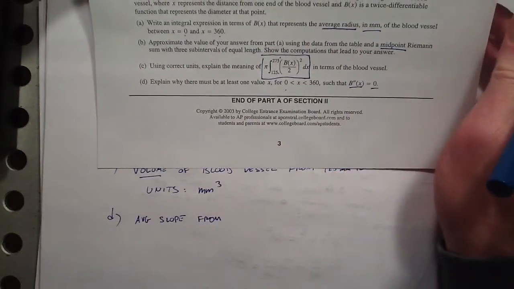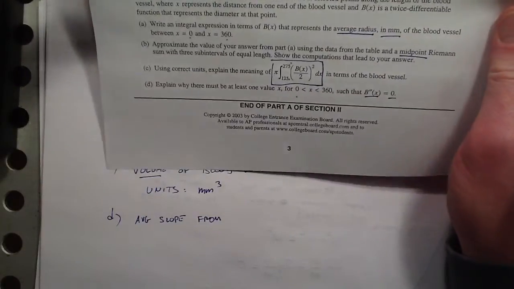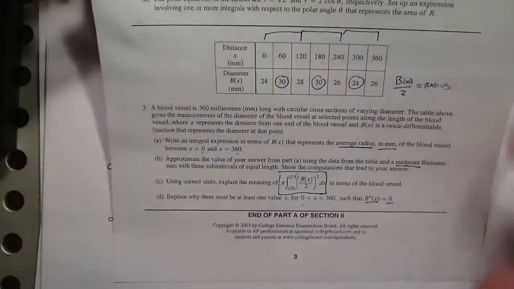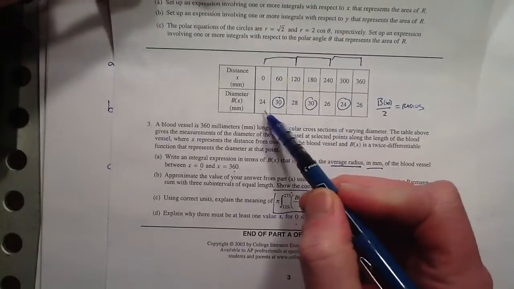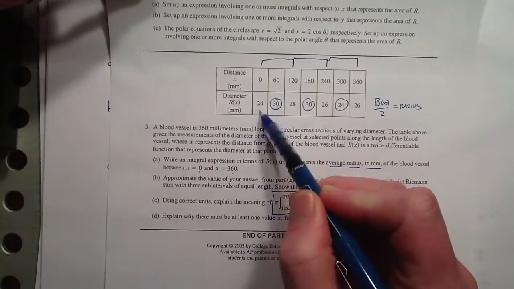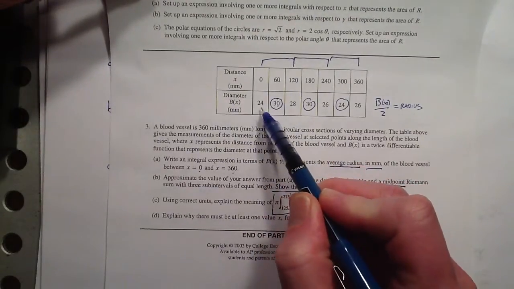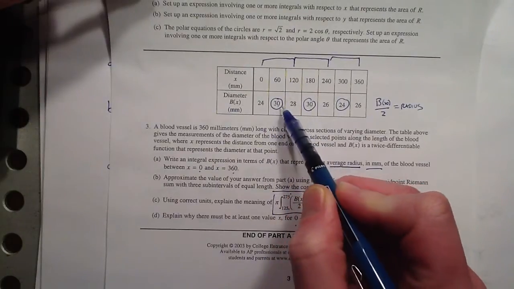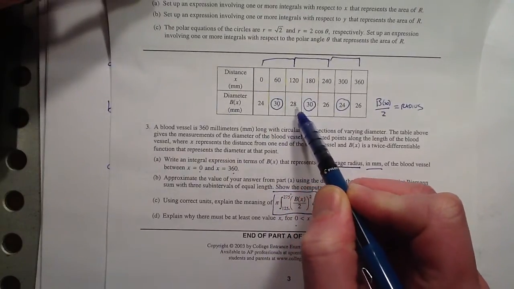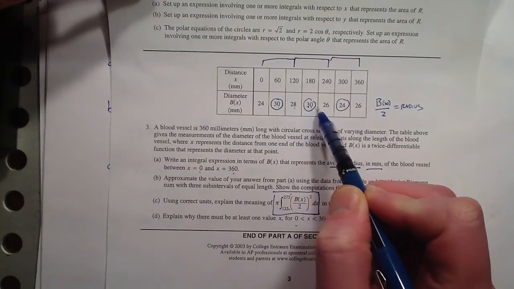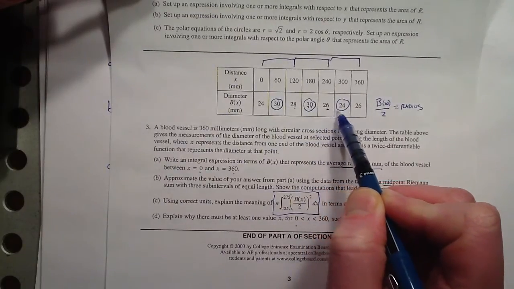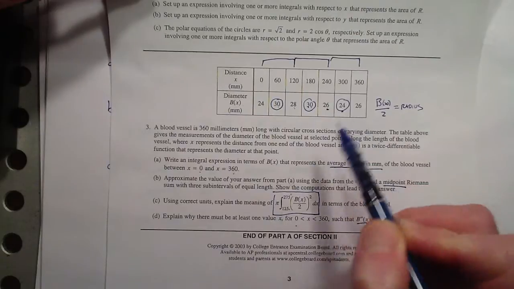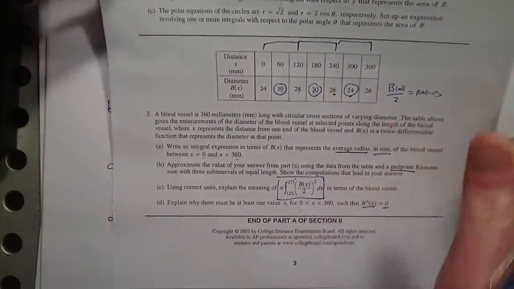Let's think about this for a second, actually. So let's look at this here. From 0 to 60, the diameter is increasing, right? From 24 to 30, and then it's decreasing, and then increasing, and then decreasing, and decreasing, and increasing again, right?